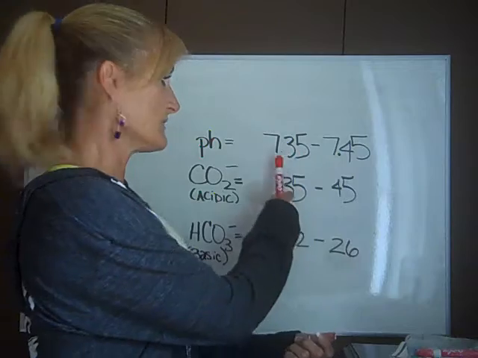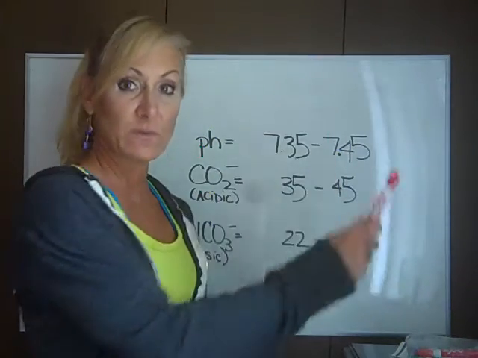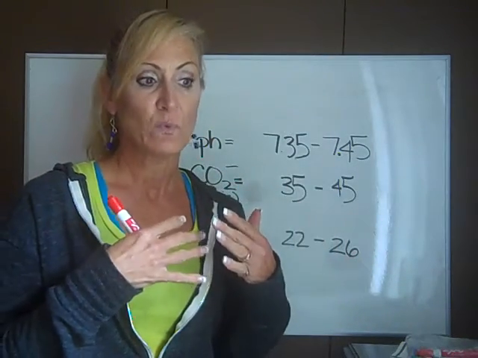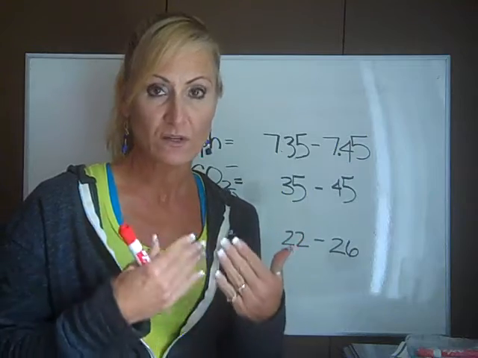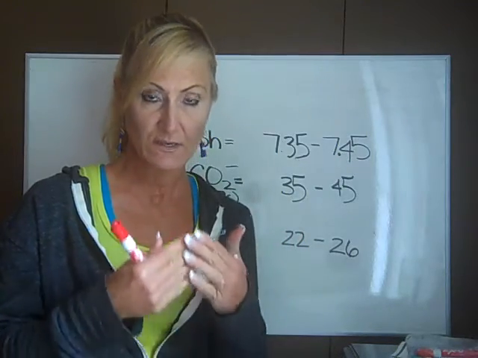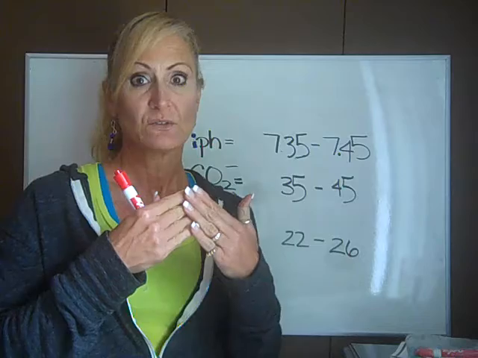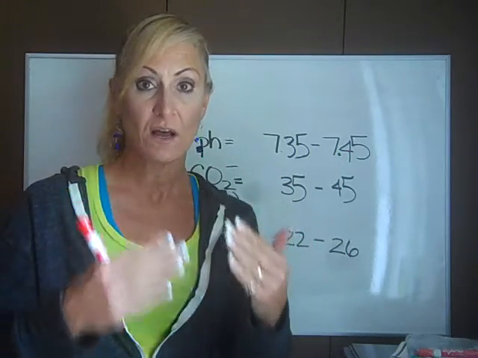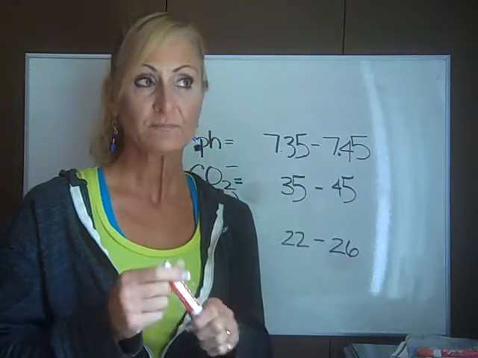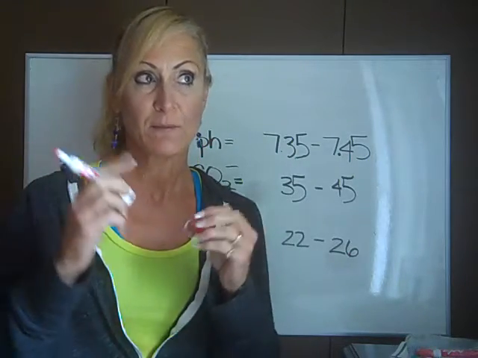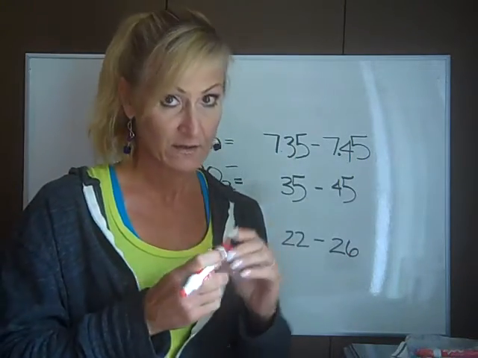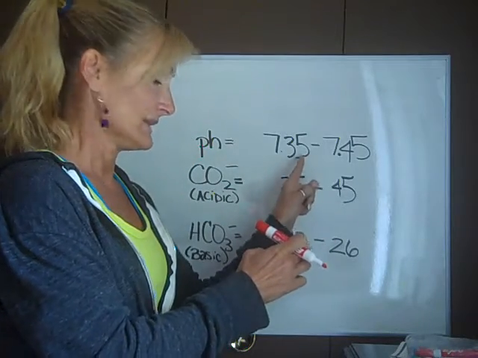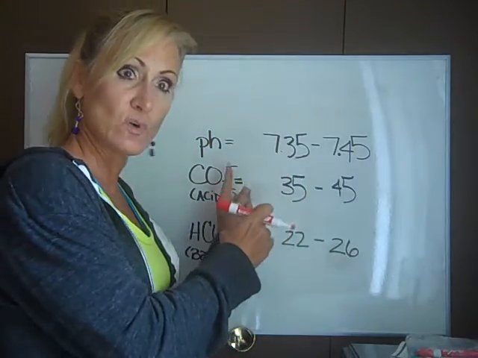Normal pH is 7.35 to 7.45, and that is an evaluation of the amount of hydrogen in the bloodstream. So if you have a higher concentration of hydrogen, that becomes more acidic, and the pH level goes down.